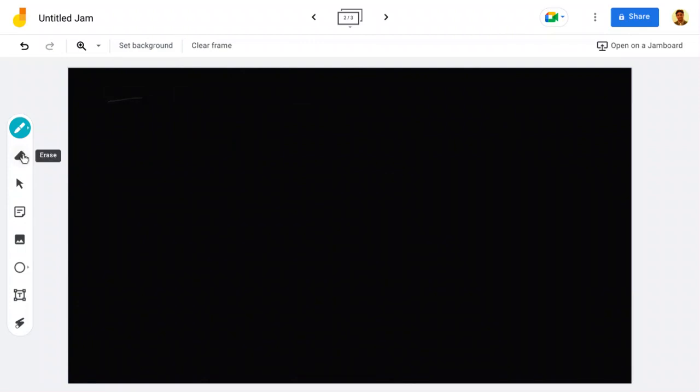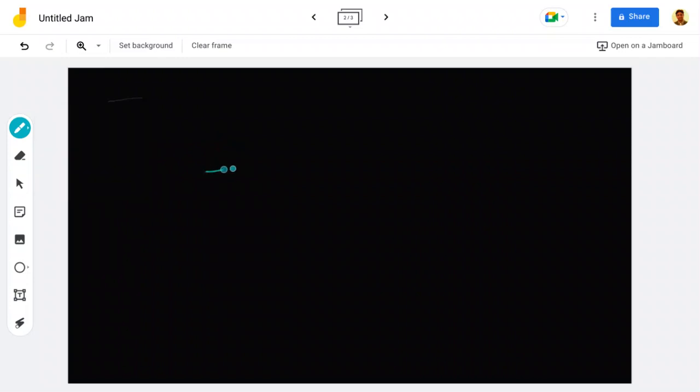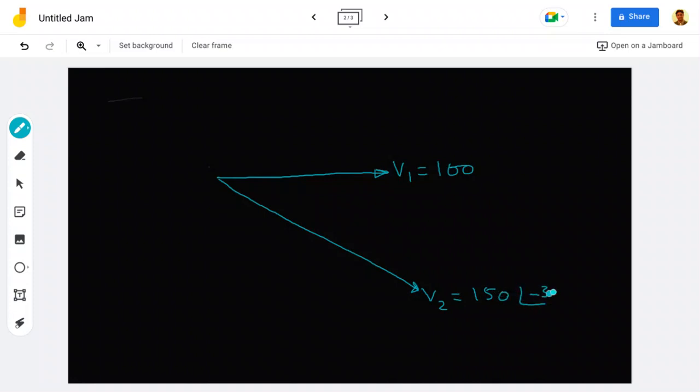Just for our review, let's draw a little bigger. This used to be our original voltage source 1. Then we had a 30-degree angle with voltage source V2, which was 150 with angle of minus 30 degrees.